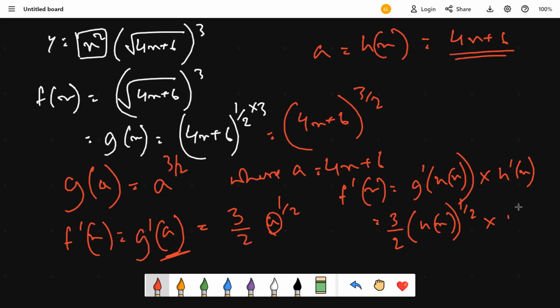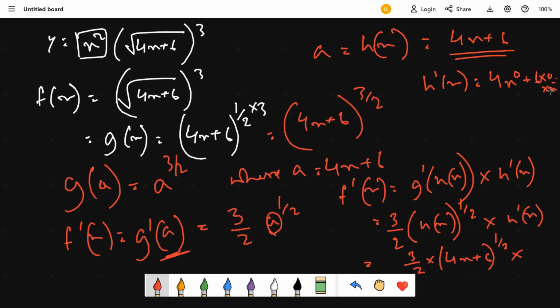So h prime of x we will be writing, but before that, 3 by 2 into h of x, we have to substitute this value. So 4x plus 6 to the power 1 by 2 times h prime of x, we have to find it. So h prime of x equals 4 times x to the power 0 plus 6 times 0 times x to the power minus 1. That gives us a value of 4, just 4.